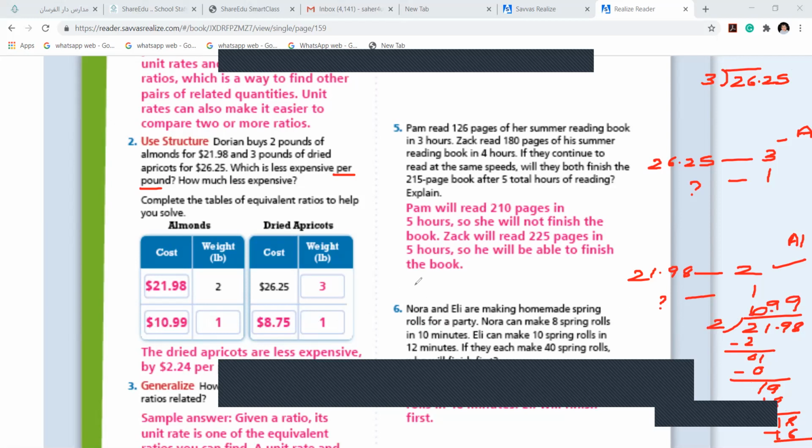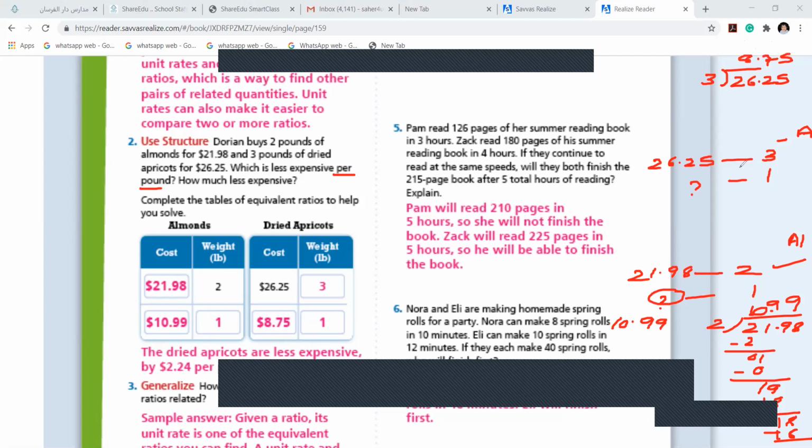For 1 pound, I got 10.99. And when I divide 26.25 by 3, I will get 8.75.